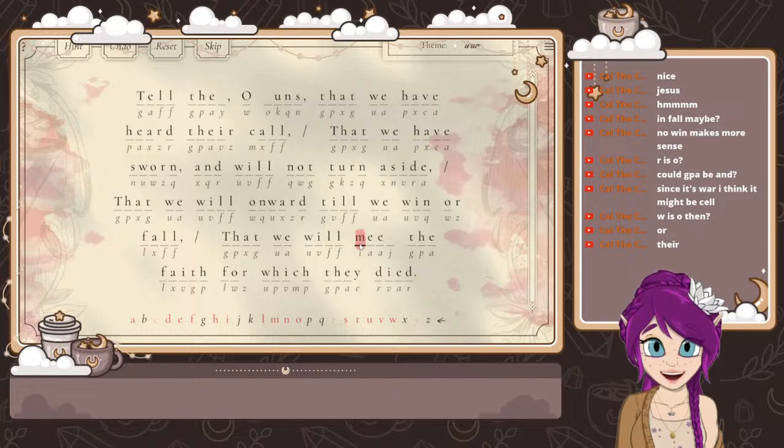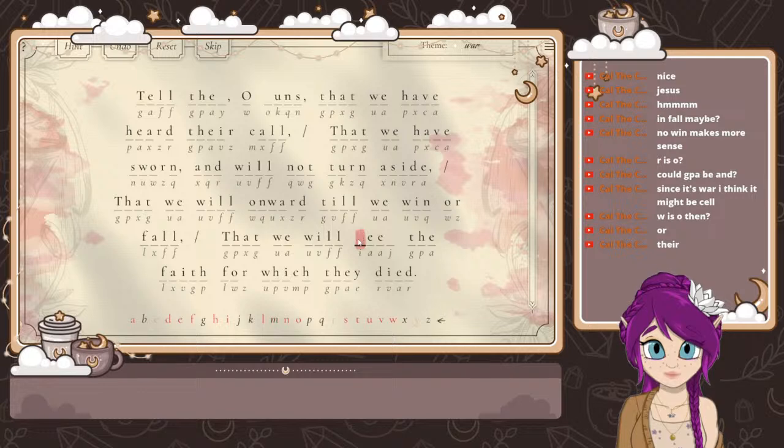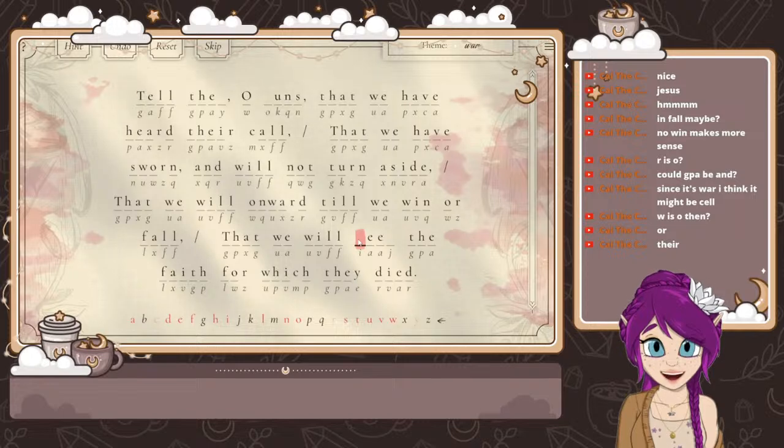Beat? No, it's not a T. There's no T. Why am I adding a T? We will something the fate for which they died. I mean, that we will greet the fate with which they died would be a pretty one.